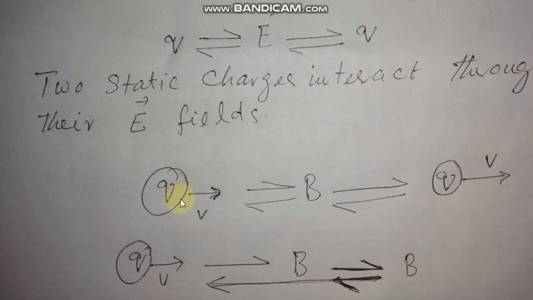But a moving charge is just like a current. So a current carries a magnetic field around itself. So the moving charge will produce a magnetic field around itself, and when another moving charge enters that region around this charge, it can experience the magnetic force through the magnetic field created by this charge.